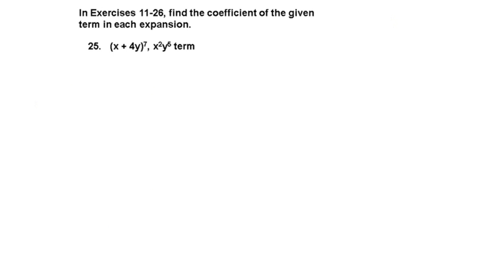Okay, the last odd number problem we're going to look at is this one here. This quantity x plus 4y to the 7th power, and we're looking for the x squared y to the 5th term.